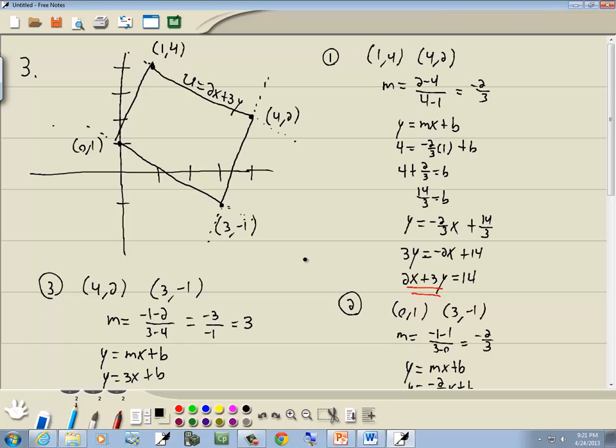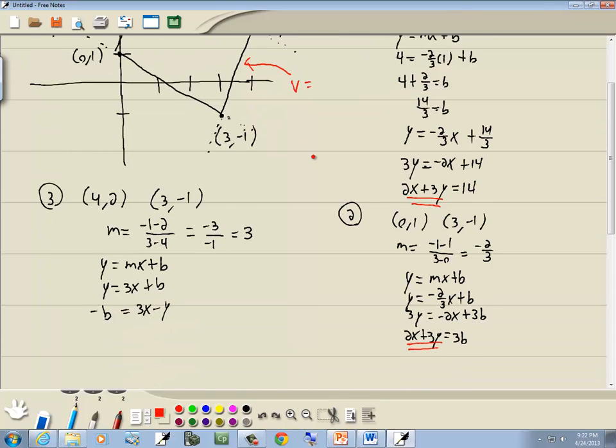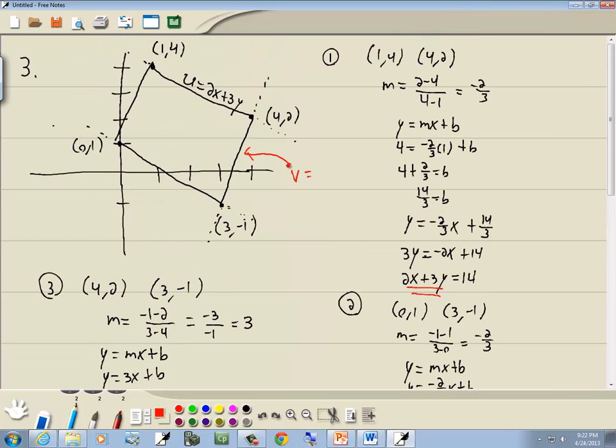So going this other direction here, this line right here, and I can't write it sideways like that, but use your imagination, usually they see it written out here to the side, but this one right here is going to be v equals 3x minus y.